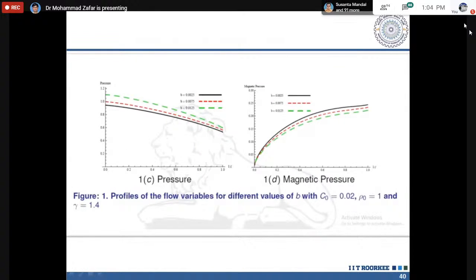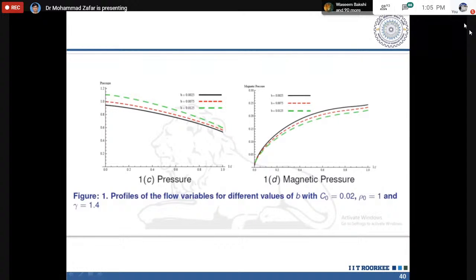Similarly, we see the pressure and magnetic pressure profiles for the different values of B and the same C naught, rho naught and gamma values. Here is the pressure profile. From right to left it is increasing, so when J is going from 1 to infinity, the pressure is increasing.